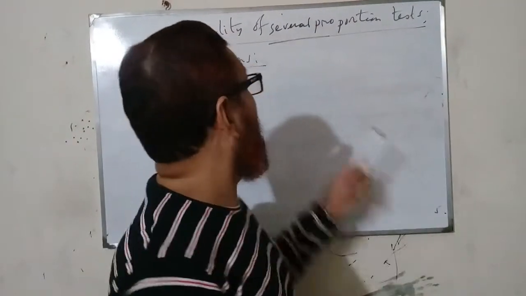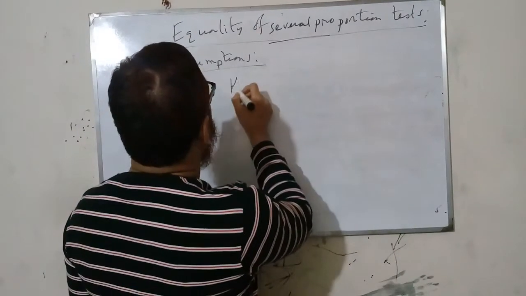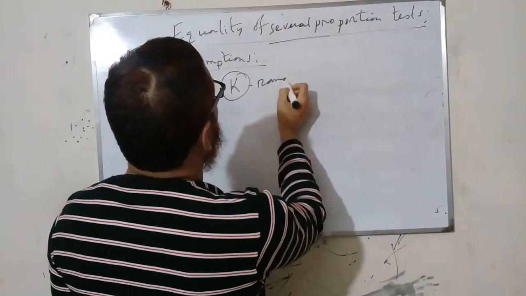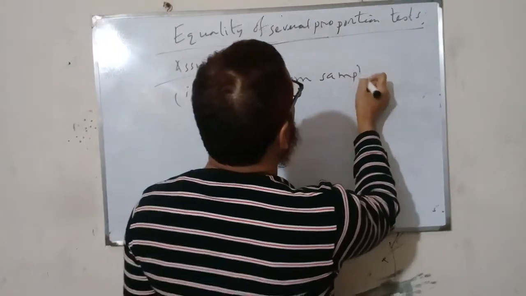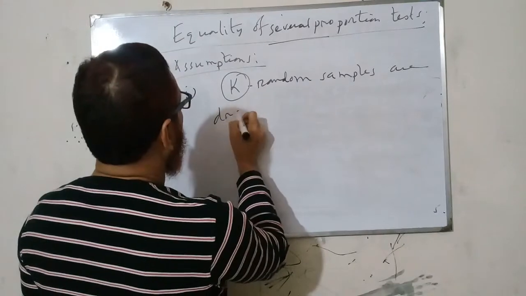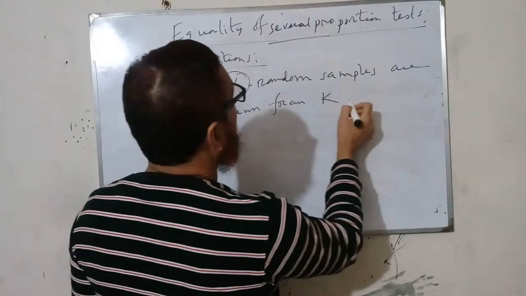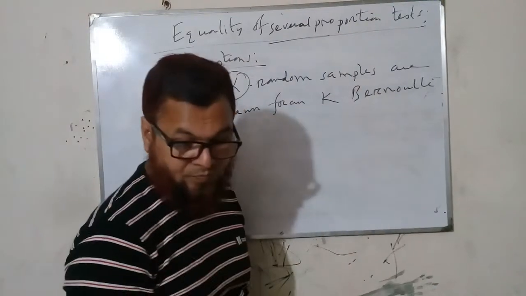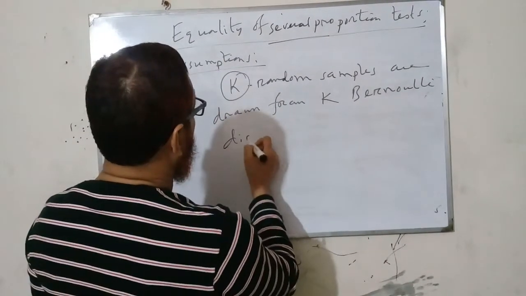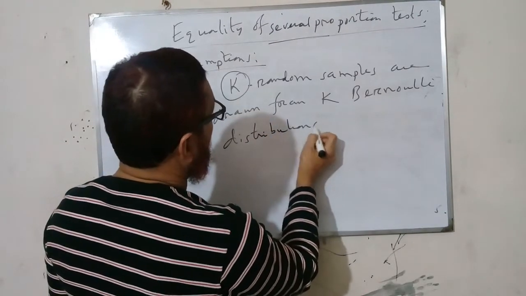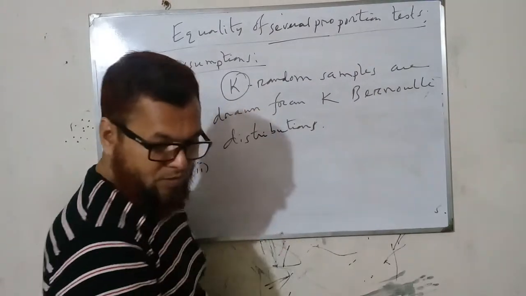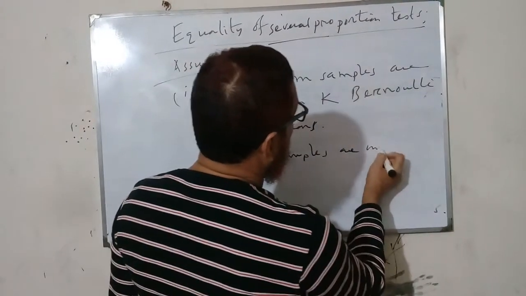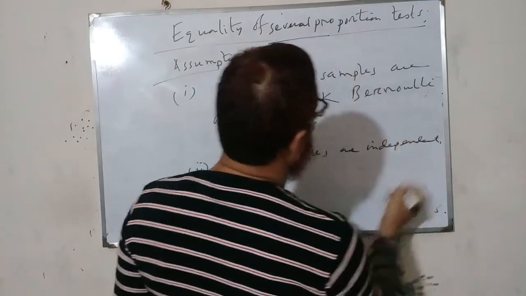Number 1, K random samples, since it is several, let it be K, are drawn from K Bernoulli distributions. Number 2, the samples are independent.